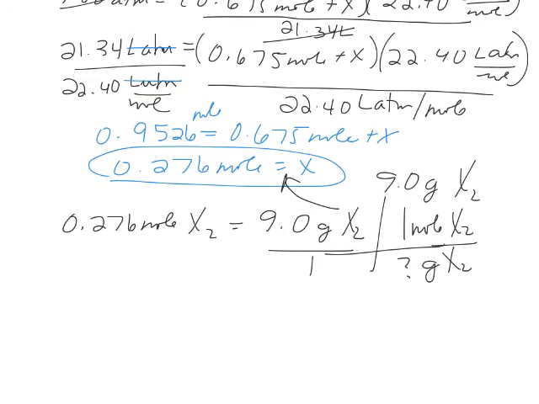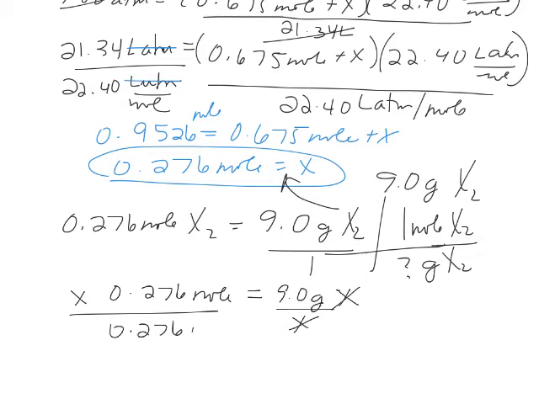So if you solve this in an algebraic way, it would be 0.276 mole equals 9.0 grams divided by x. So if you multiply both sides by x, then you would divide both sides by 0.276 moles, and that would give you grams per mole, right?